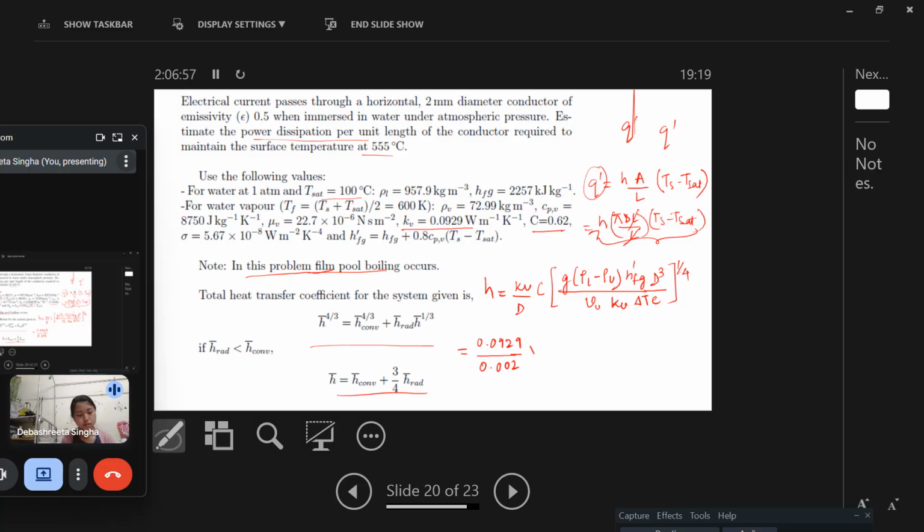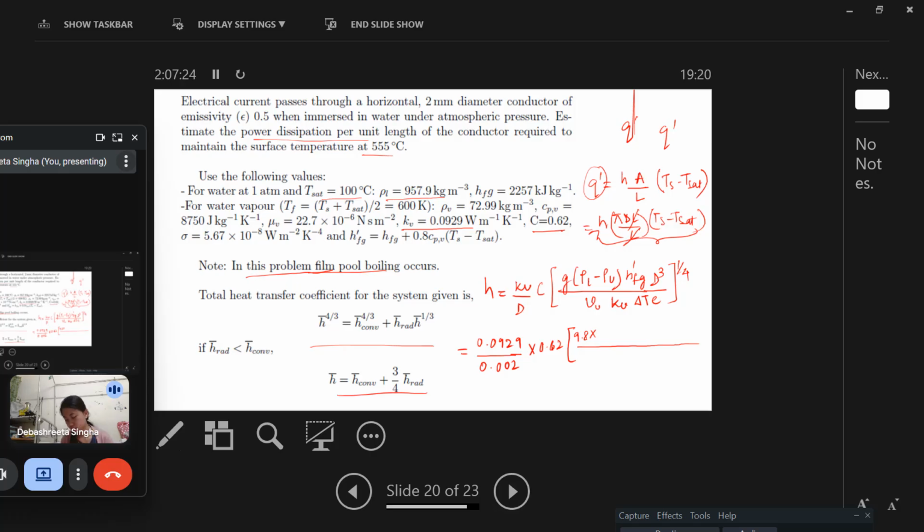C is given as 0.62. g is 9.8 into (rho_L minus rho_v). Rho_L is 957.9.